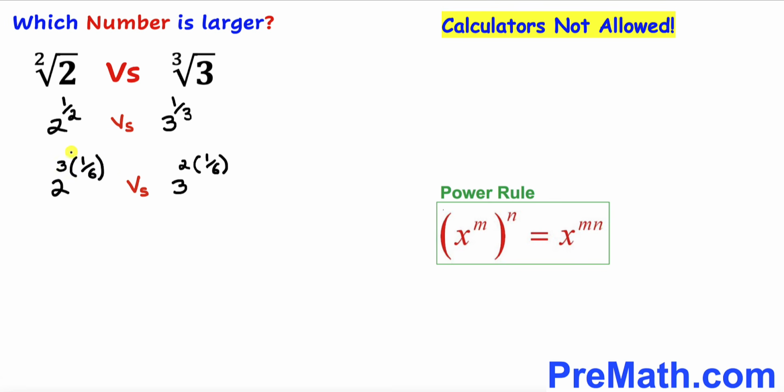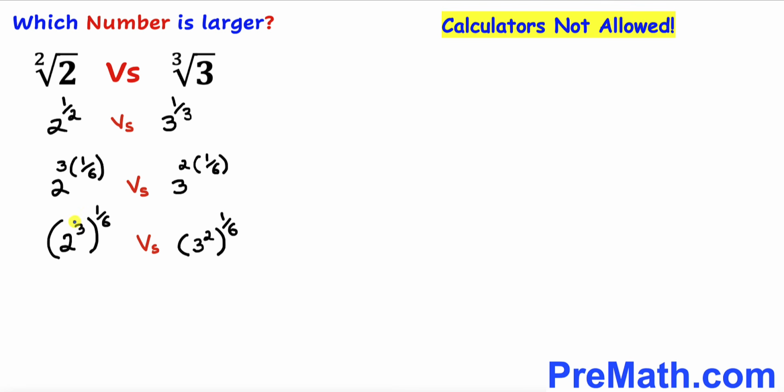The number on the left-hand side can be written as 2 power 3 and then power 1 divided by 6, versus the right-hand side number, which can be written as 3 power 2 and then power 1 divided by 6.